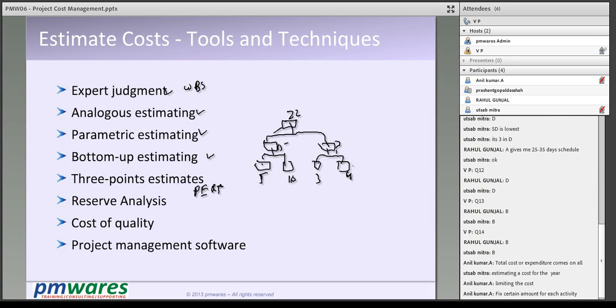Then now you're telling me to go back down, and that is the budgeting.